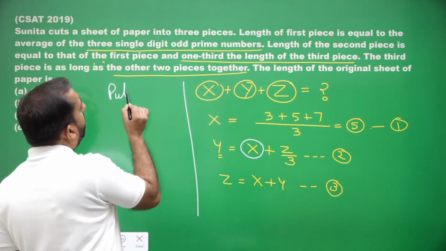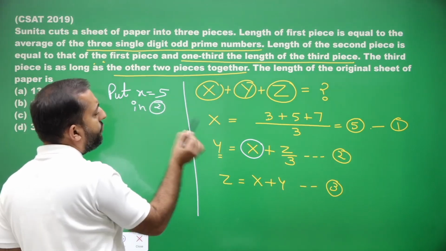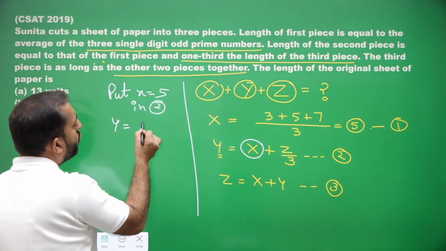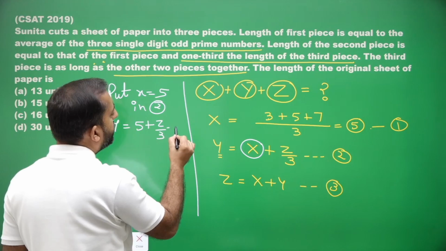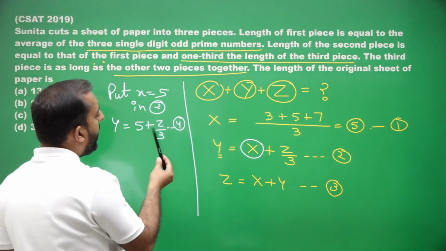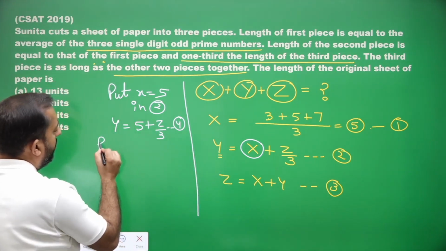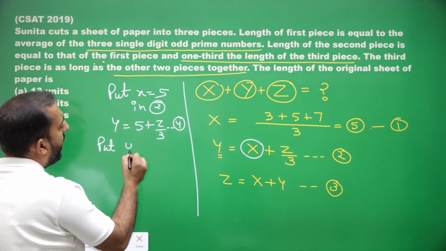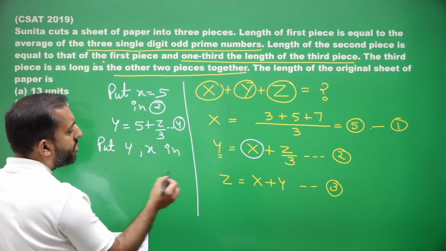Put x equal to 5 in equation 2. If we do that, y comes out to be equal to 5 plus z upon 3. Let's say this is our equation number 4. Now we are having z and y. Okay, so put y and x in equation 3.